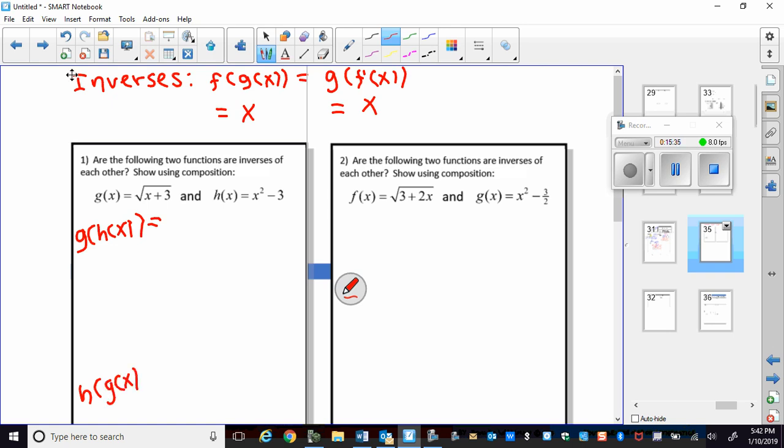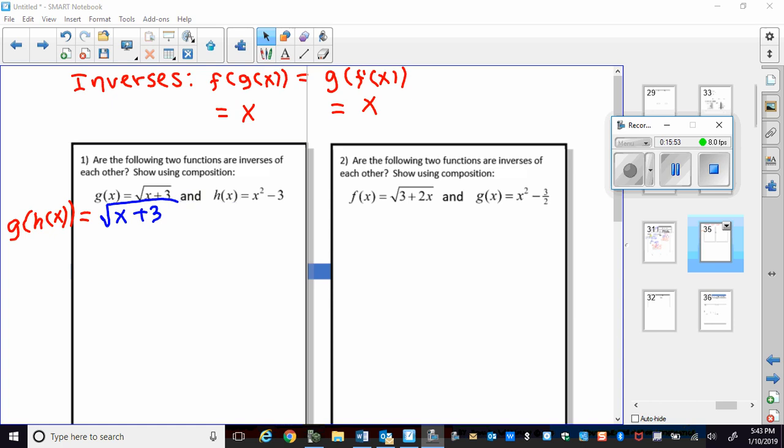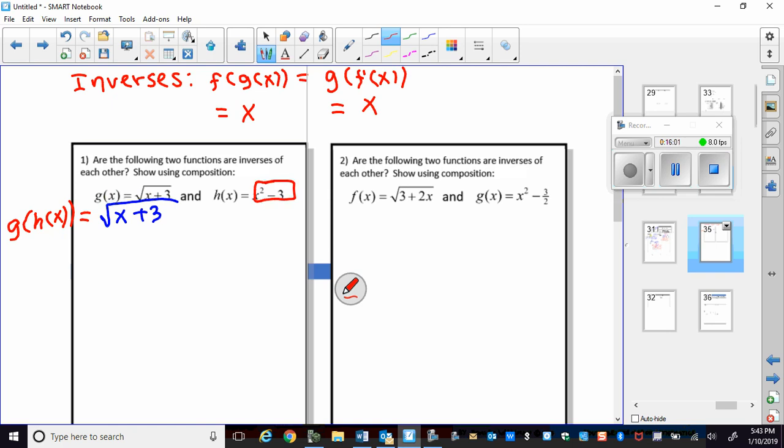I'm going to erase this for right now and conserve the space that I have. Now I know that g of x equals x plus 3. So what we're doing is replacing that x with x squared minus 3.